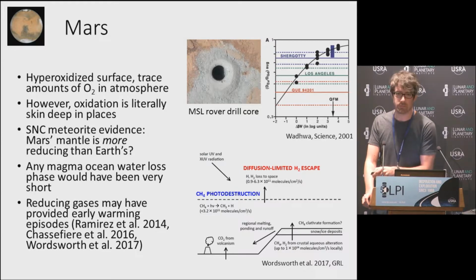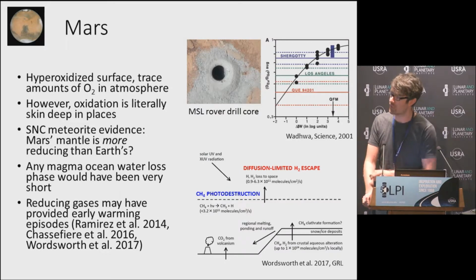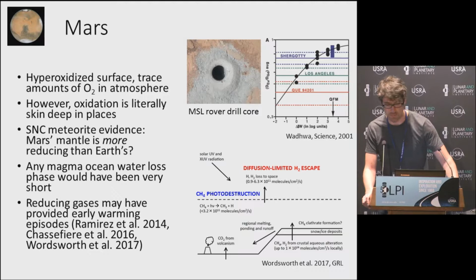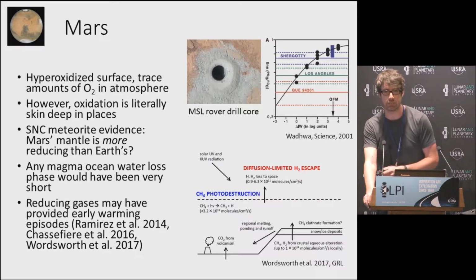And further evidence comes from the SNC meteorites, the Martian meteorites, which suggest that Mars's mantle is actually more reducing than that of Earth's. This is a plot of data here where it shows that it's more towards the iron-wüstite buffer than the QFM buffer. And physically speaking, it's clear that because of Mars's greater orbital distance, any magma ocean water loss phase would have been extremely short.